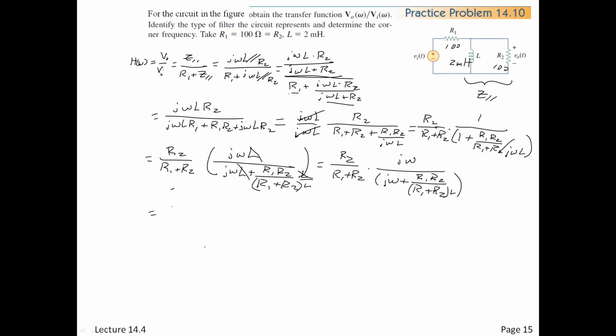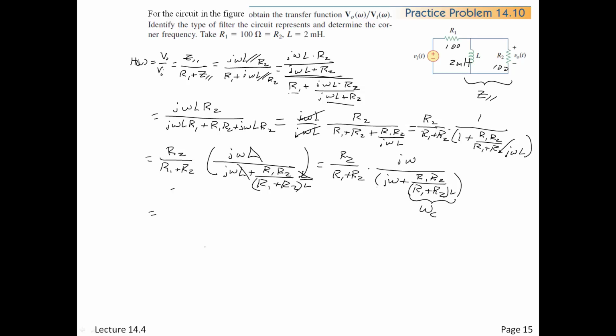That's now looking like, oh boy, this is a parallel combination. This is looking like an omega C, right? Like a cutoff point or a break frequency of some sort. So what were we asked to find?